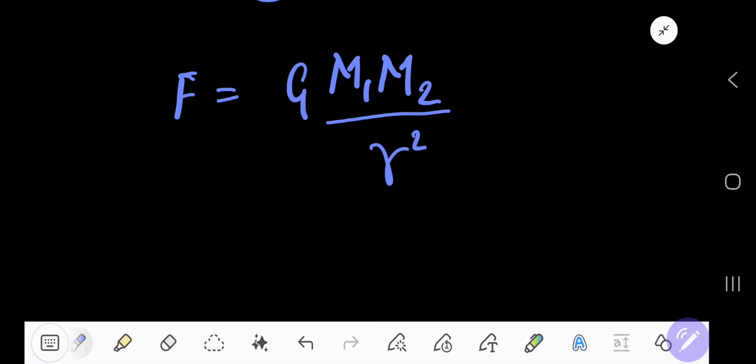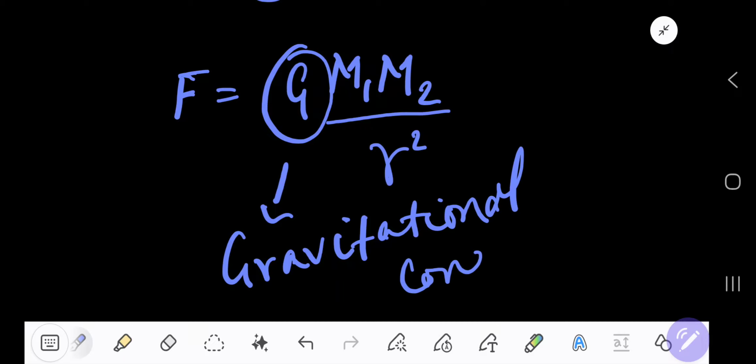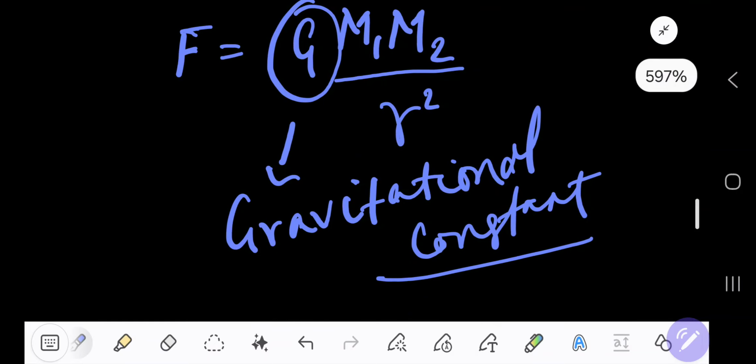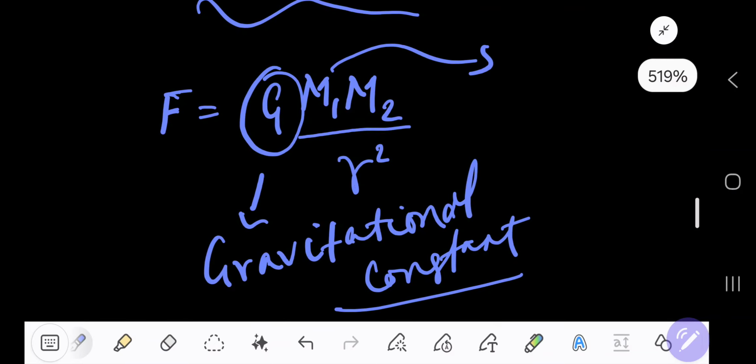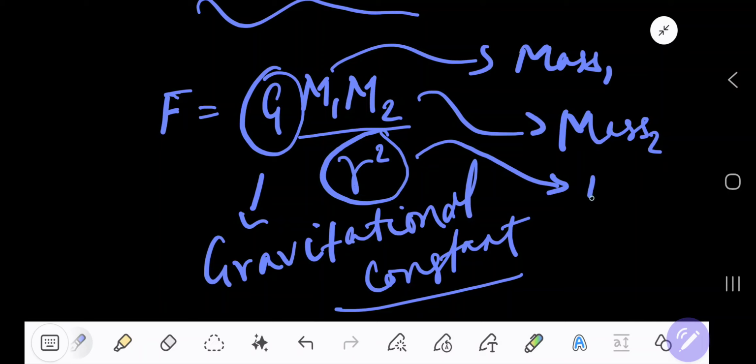F is force. G is known as the gravitational constant, which Newton derived. m1 is the mass of body 1, m2 is the mass of body 2, and r squared is the distance between the two bodies squared.